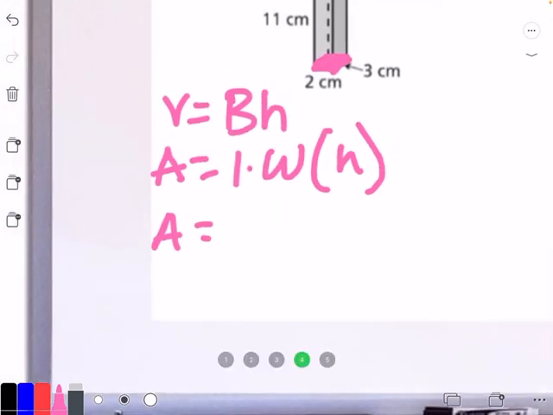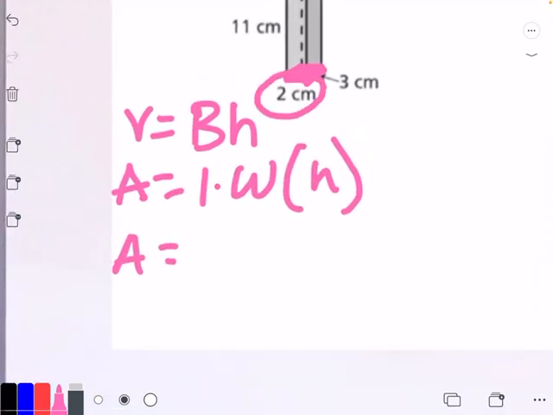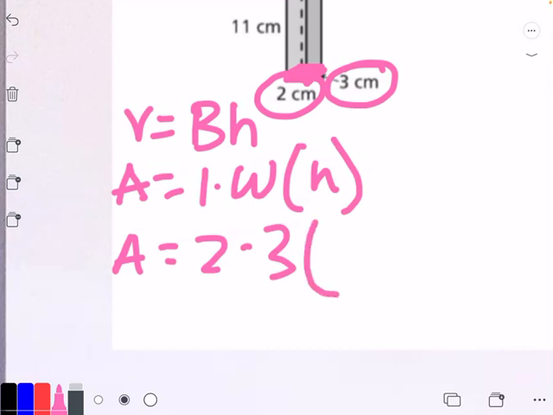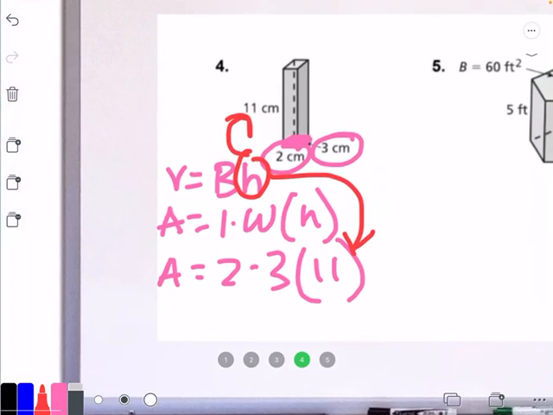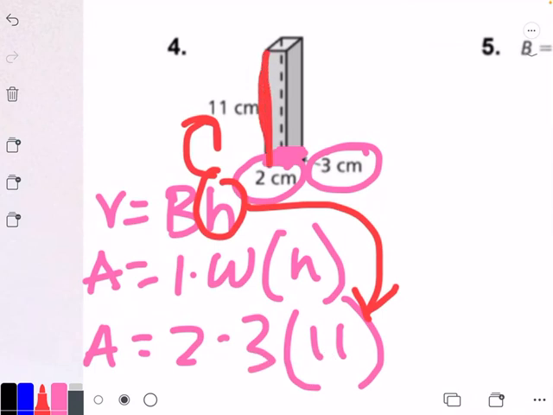Area equals, we have 2 and 3 as our numbers, so our length would be 2, and our width would be 3, times 11, because remember, we're bringing down this number, which is this number, the height. I like to think of the height as tall, so I'm going to put that like that in my thing.